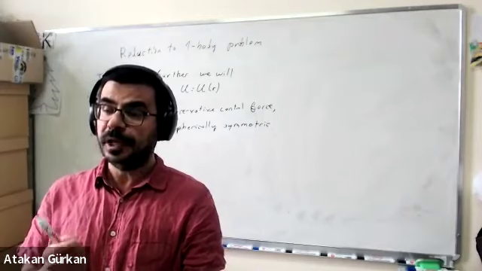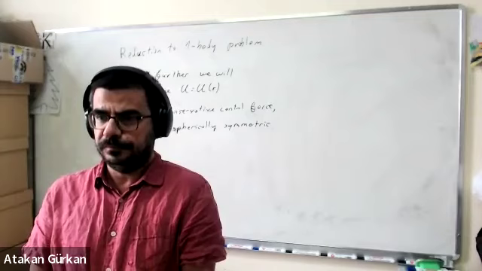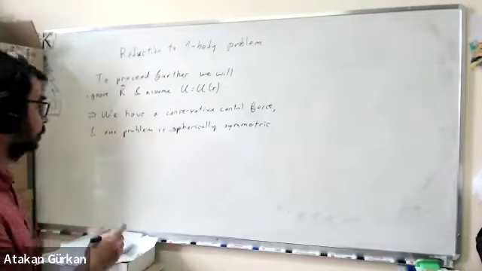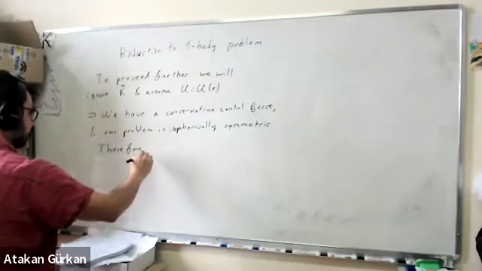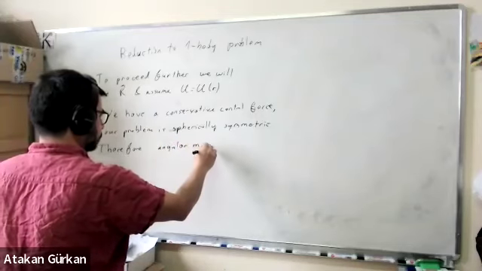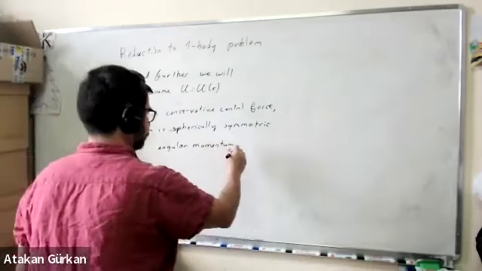So every component of angular momentum is conserved, but this means that angular momentum is conserved. Saying every component of angular momentum is kind of superfluous. So therefore, angular momentum is conserved with no qualifications. Not a component of angular momentum. All components are conserved. It is conserved.